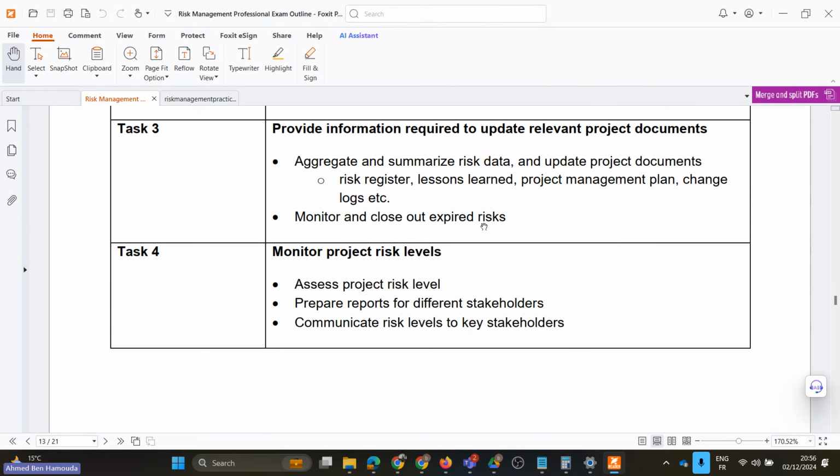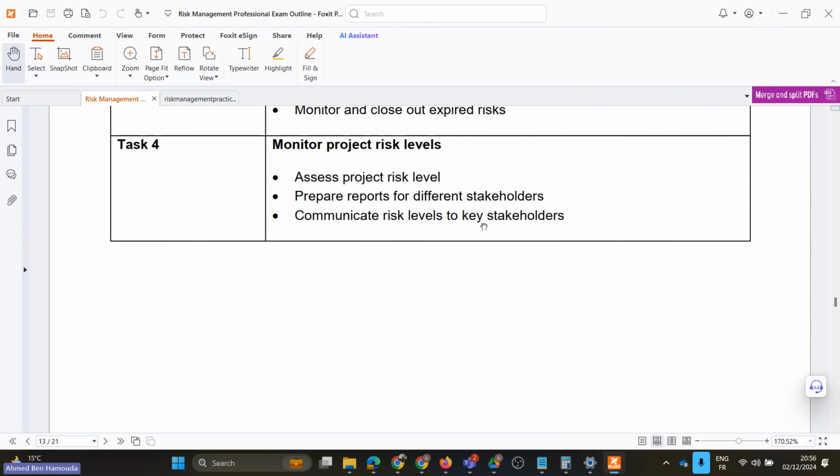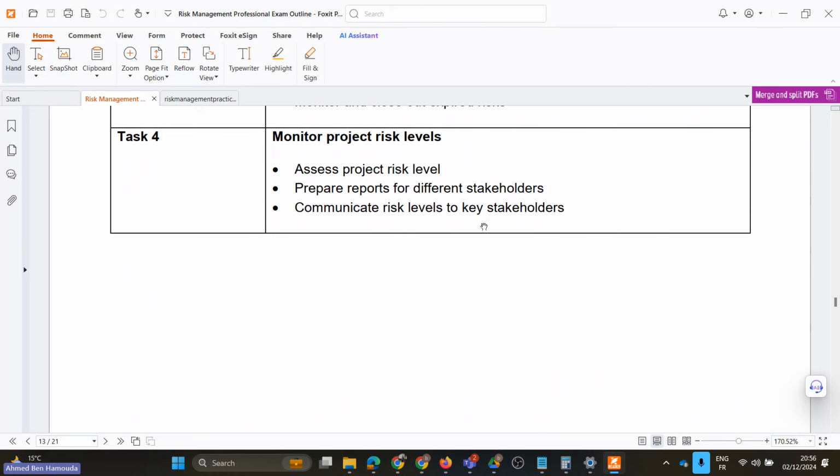And the last task in this domain is, once we have dealt with the high risks, how to move on to the next level of risks, the medium risks and the low risks: how to reevaluate and reassess them with their levels, how to report on them to the different stakeholders, and how to closely follow up with them.